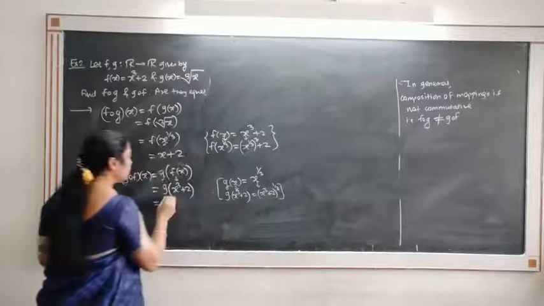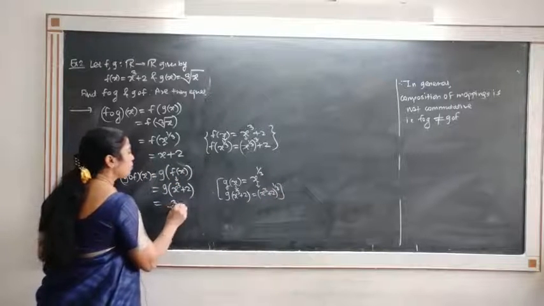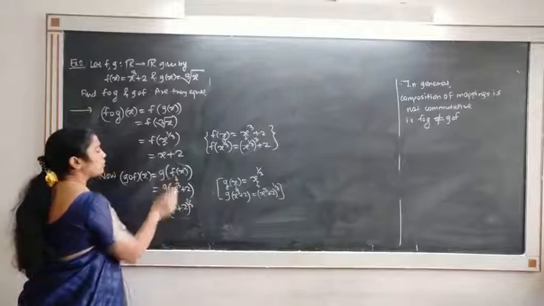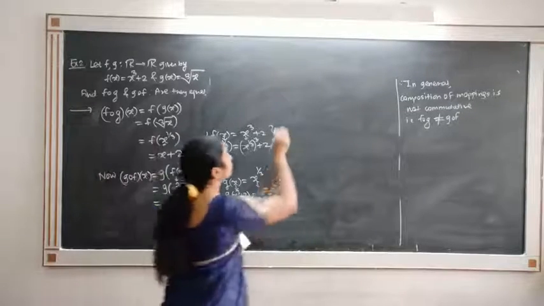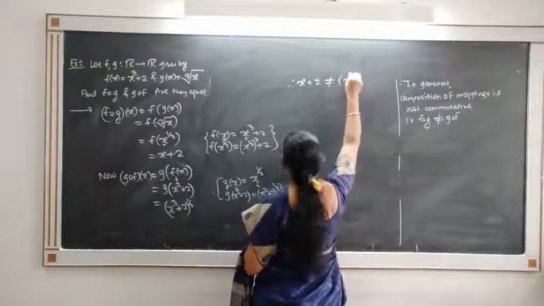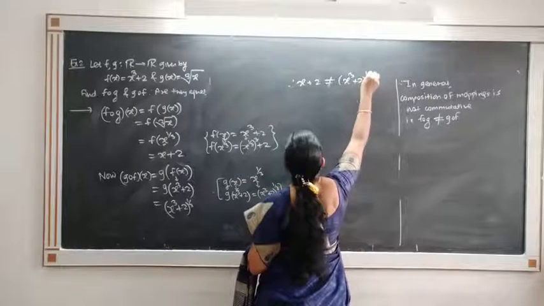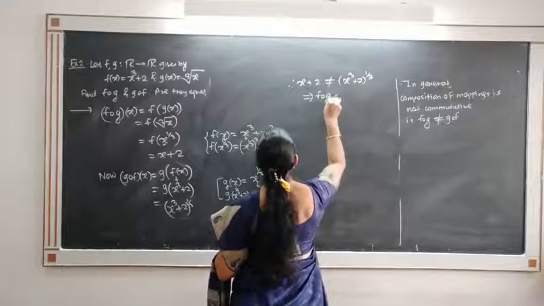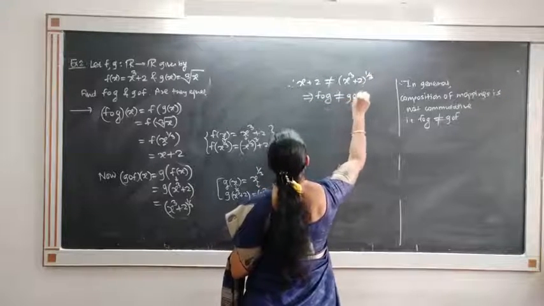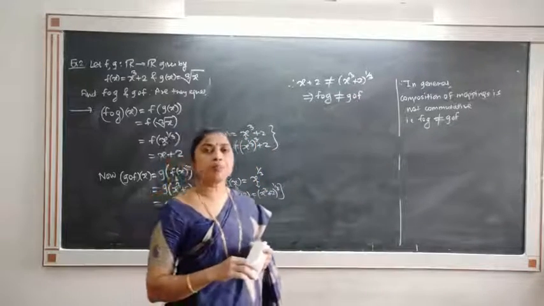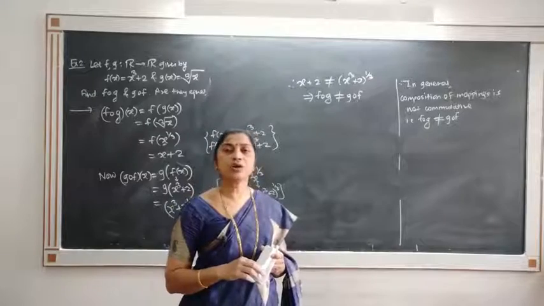So obviously this is nothing but (x cube plus 2) raised to 1 by 3. Both are not equal and therefore, as x plus 2 is not equal to (x cube plus 2) raised to 1 by 3, this implies that f composite g is not equal to g composite f. That is, the composition of mappings here also is not commutative.